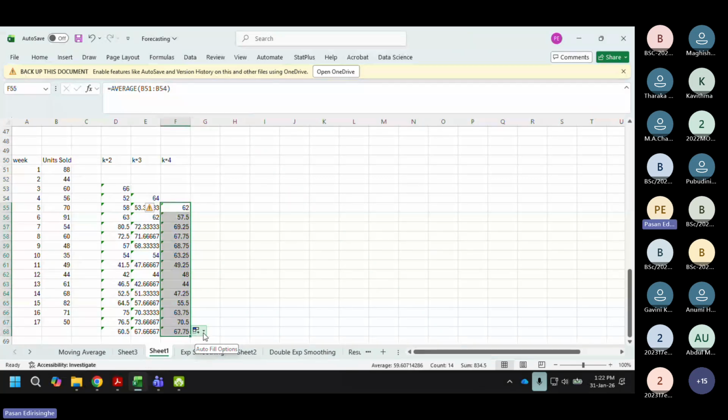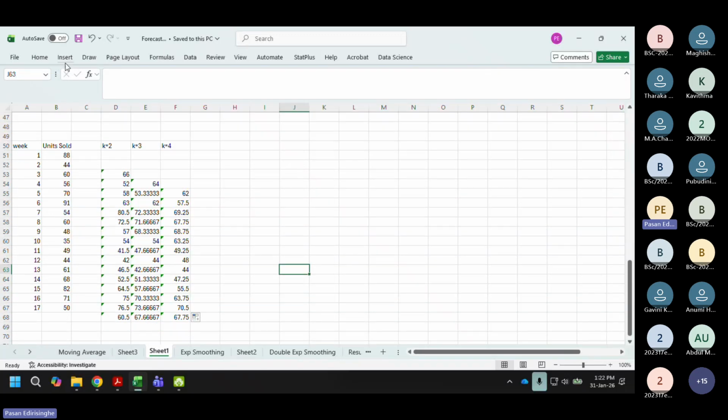Okay, so like that, we can apply the averaging process. You can see that now each one has different values, right? So we can look at this as a graph here, right? So let me plot them and see.